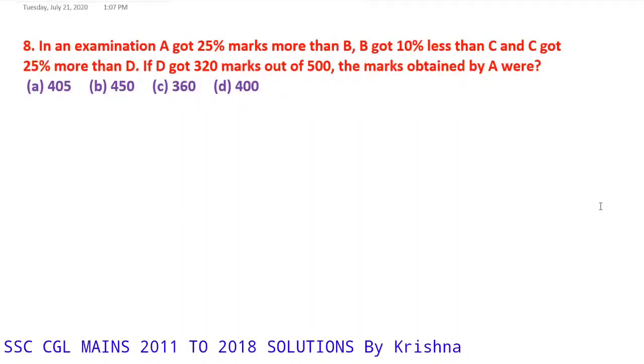In an examination, A got 25% marks more than B, B got 10% less than C, and C got 25% more than D. If D got 320 marks out of 500, the marks obtained by A were. So here we have 4 students, A, B, C, D, and D got 320 marks.